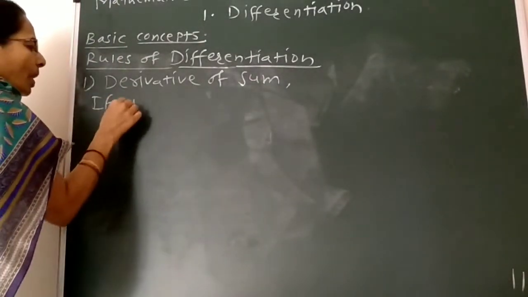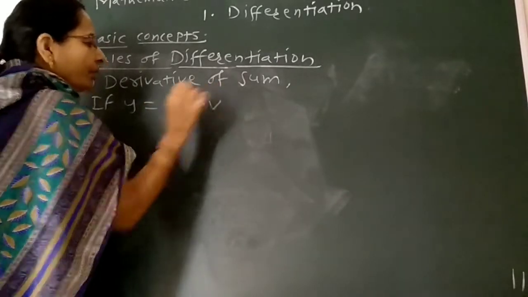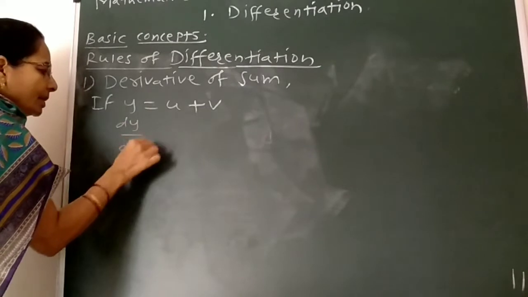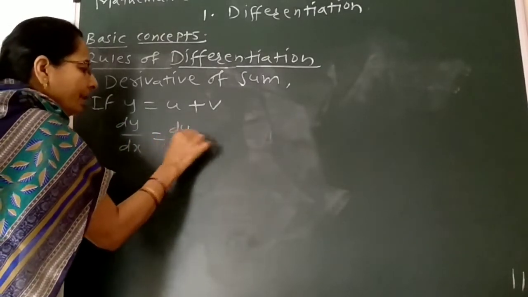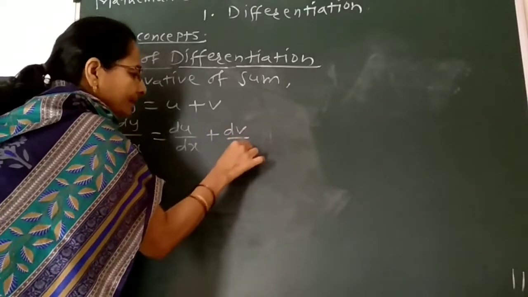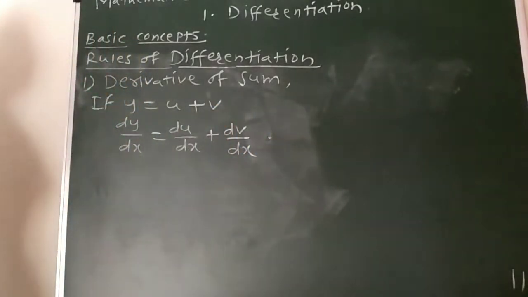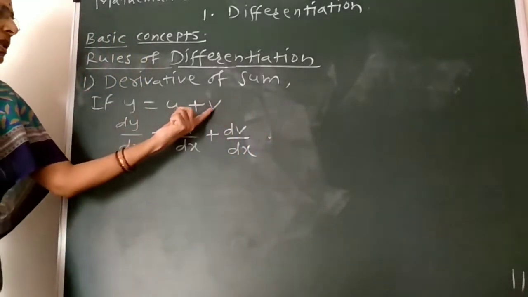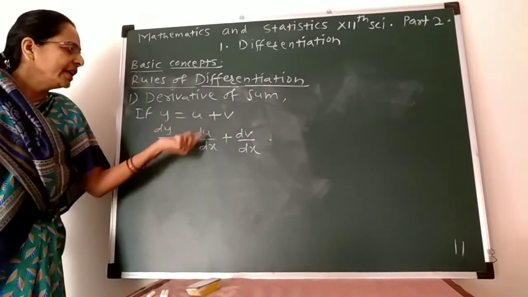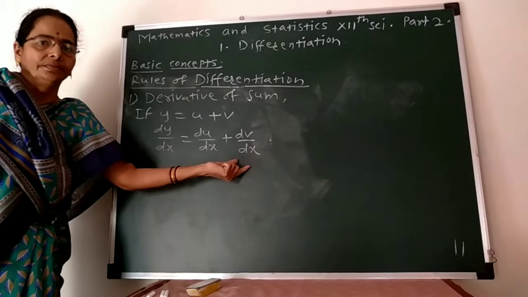If y is equal to u plus v, then dy by dx is equal to du by dx plus dv by dx. If there are two functions and there is a sum, then take their derivatives and take the sum.